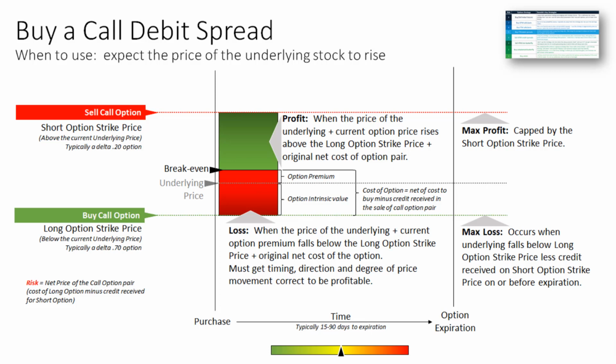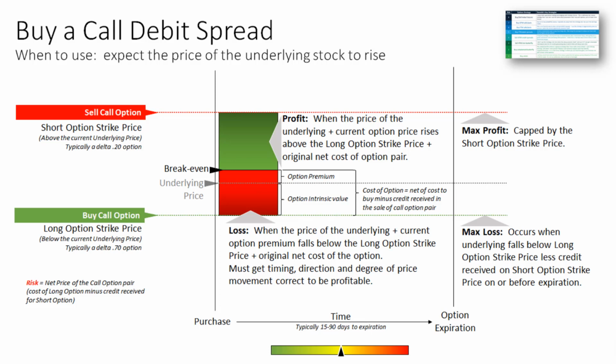You can do delta 70 and delta 20 like it says on this slide right here. If you do the delta 70 versus the delta 60, it's just going to change the price of what you're paying, and it's going to change your break-even price. So those are things that you can compare.